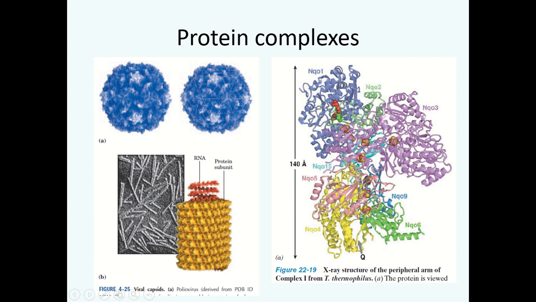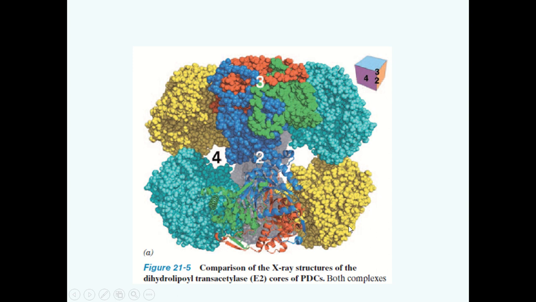The complexes of the electron transport chain, for example, are also made up of many different types of proteins. Pyruvate dehydrogenase complex is a complex of enzymes which is important for the conversion of pyruvic acid into acetyl CoA. So this is a chemical reaction which is important to feed acetyl CoA for the Krebs cycle.